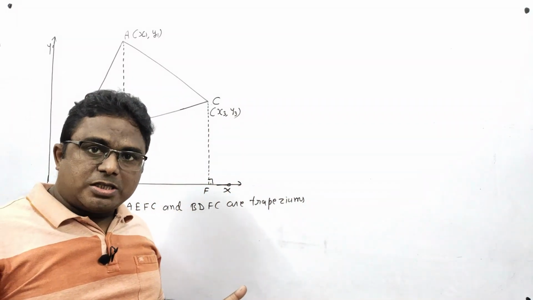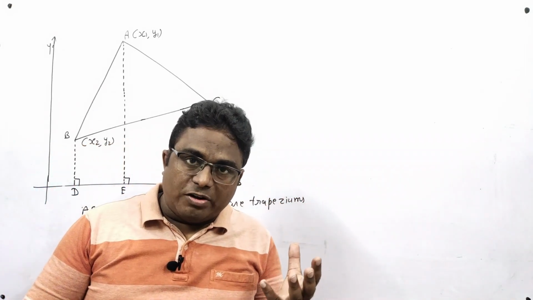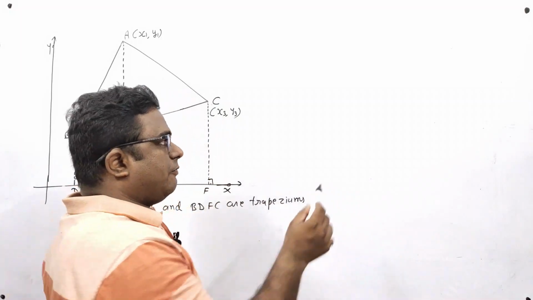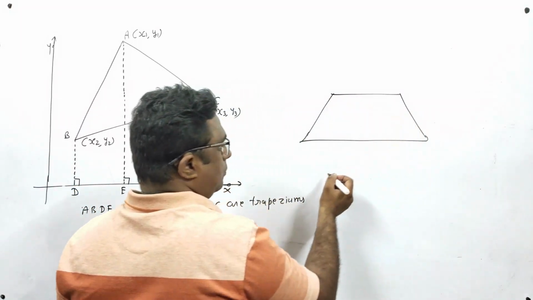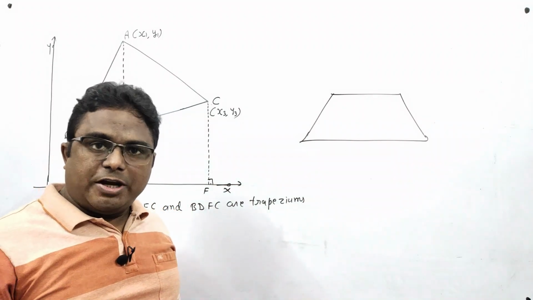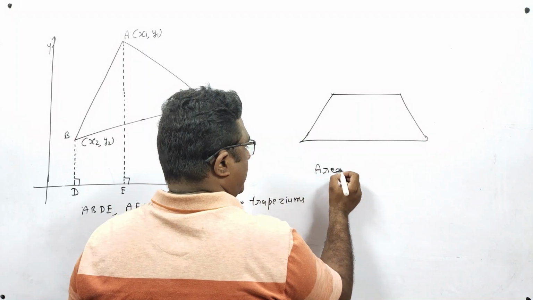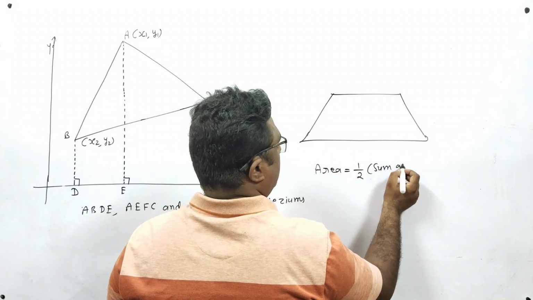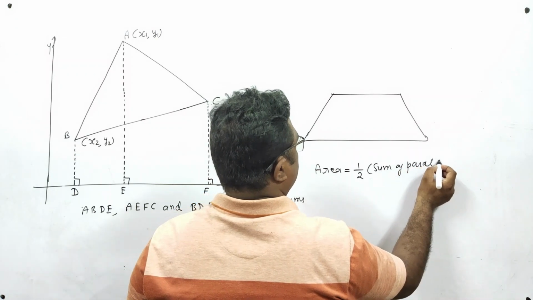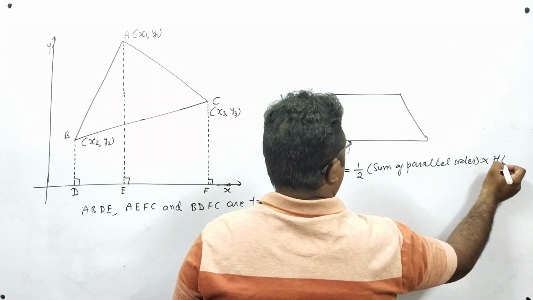Now my next question is, can you tell me what is the formula of area of a trapezium in geometry? If I give you a trapezium, and what is the geometrical formula of area of this trapezium? Area of a trapezium is half into sum of parallel sides into height.